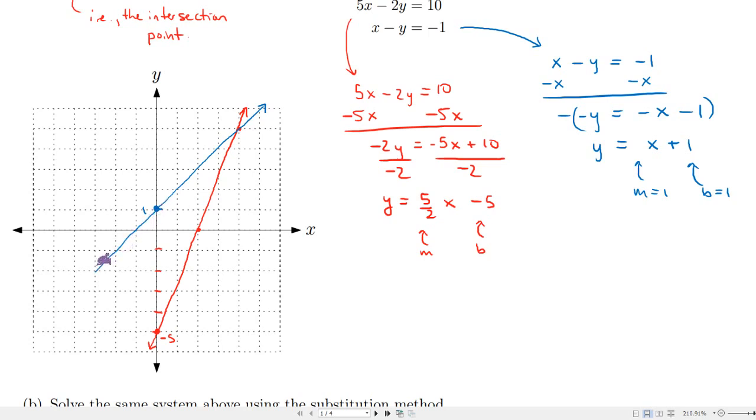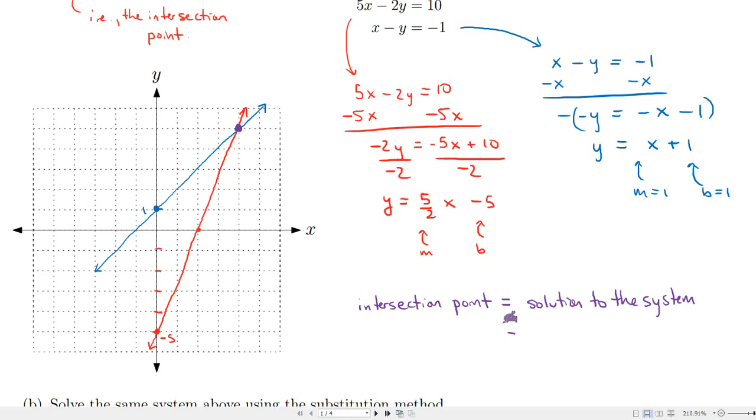Don't need to really do this part so much, but do you see the intersection point is right here? So where the red line and the blue line intersect, I could use purple to designate that intersection point. Okay, so the intersection point is the solution to the system, and what is that?